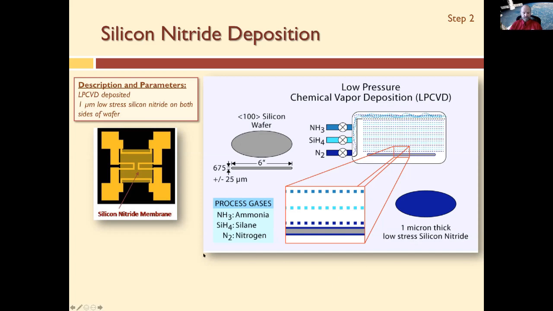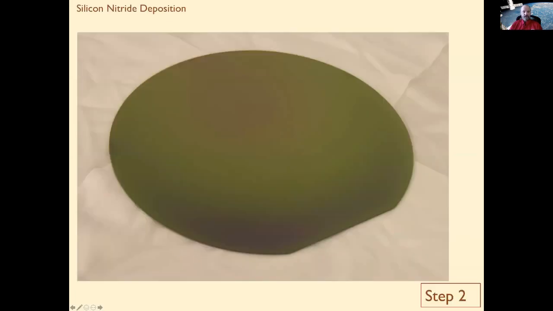Oh, good questions. Okay, so after the silicon nitride deposition, depending on the thickness, you'll get different colors. This shows that the wafer has something on it. Just by looking at the picture, you can't really tell what's on there, but it's actually silicon nitride.